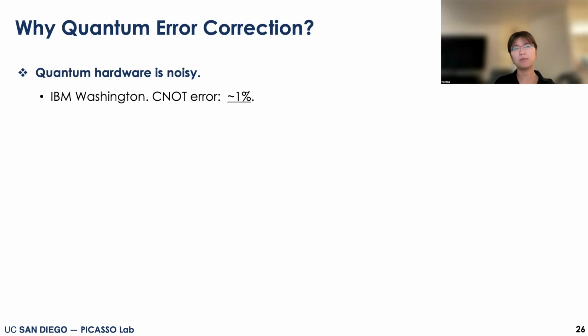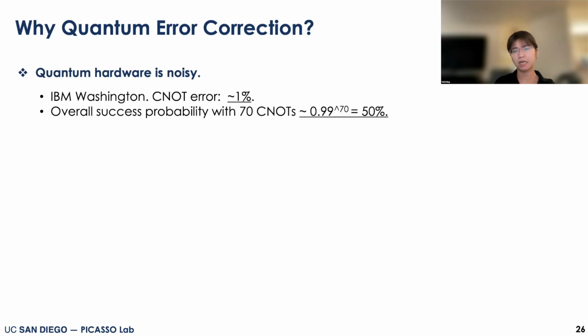Taking the IBM Washington machine as an example, the two-qubit gate error is about 1%, and with that error rate, if you have a program with about 70 two-qubit gates, the final fidelity of your program is about 50%, meaning only 50% of the time you get the correct result. For the other 50%, you will have random results.